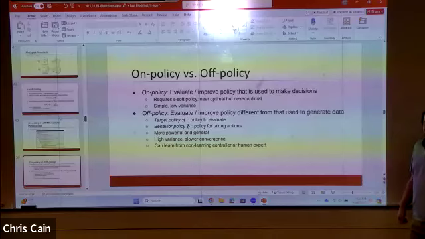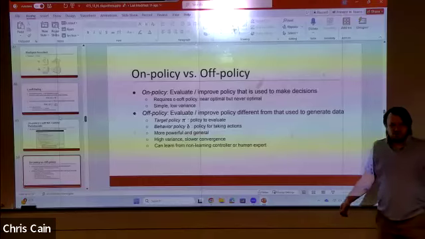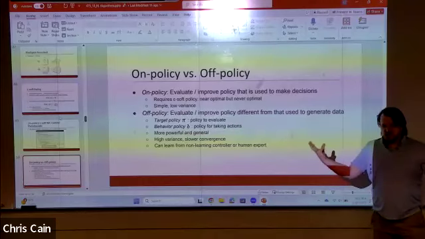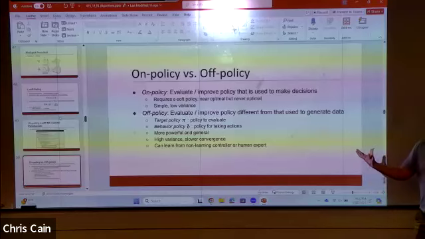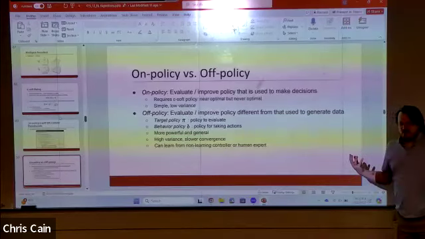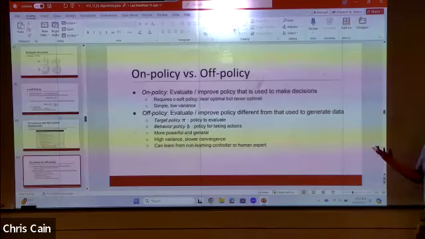I've tried it multiple times, it's stupid. So what you use to learn and what you use to optimize are different. As you are going about exploring, you are making mistakes, you're getting new data, but you're optimizing something in the background for once this becomes the real time to shine, I will do what is optimal.